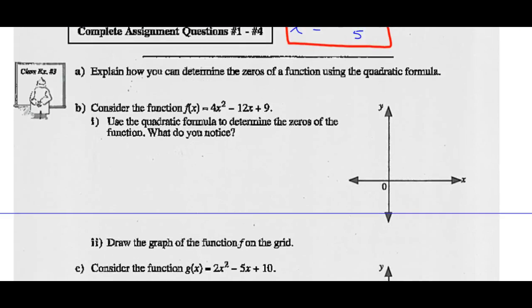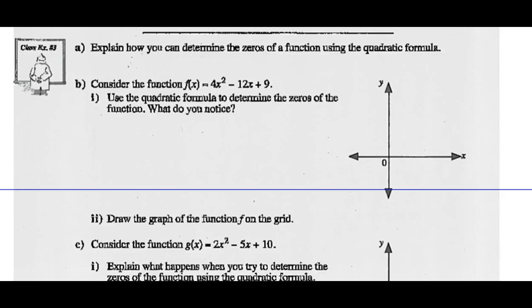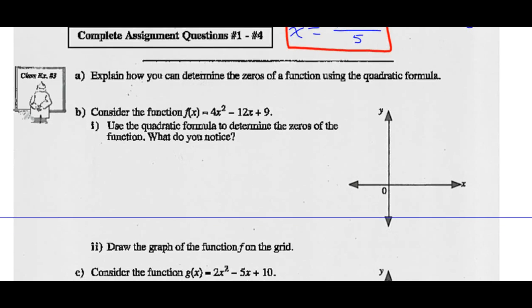Example 3. Explain how you can determine the zeros of a function using the quadratic formula.